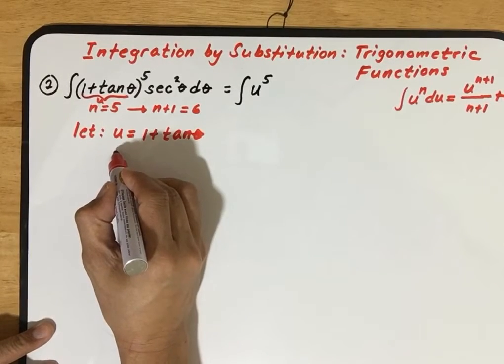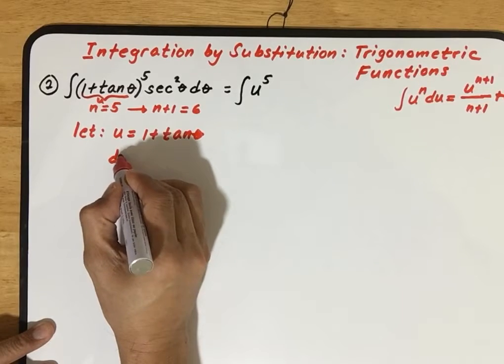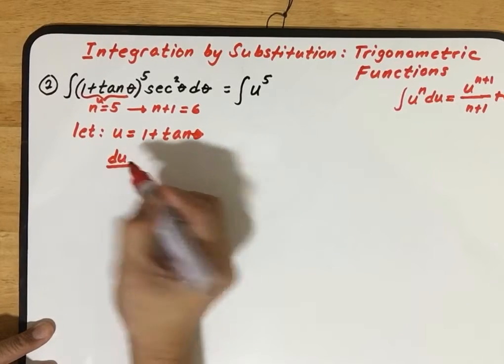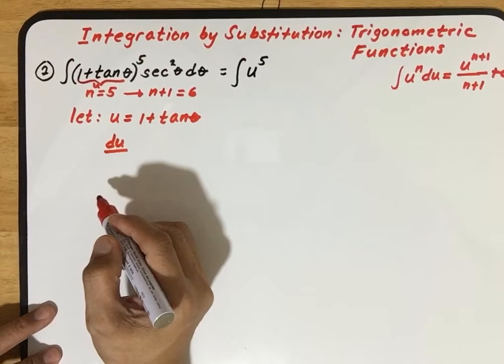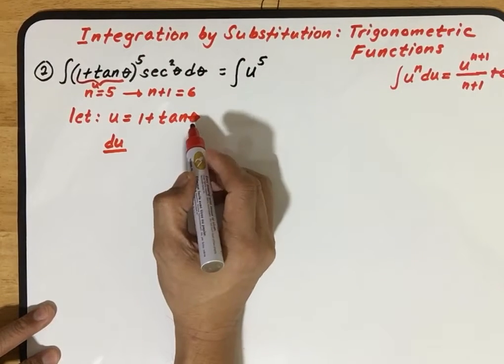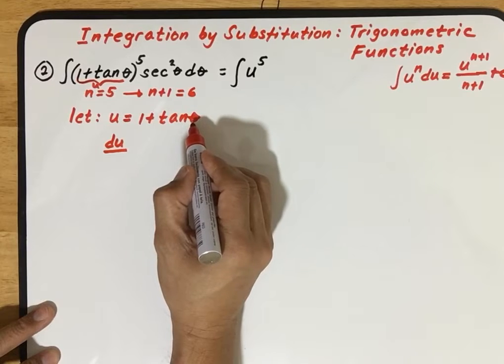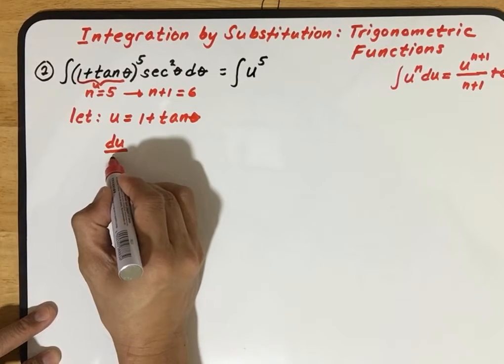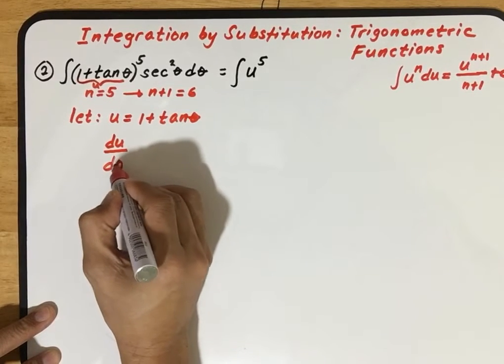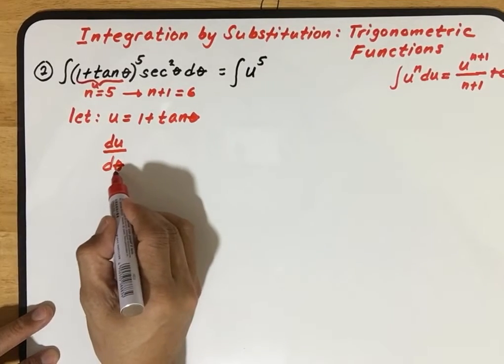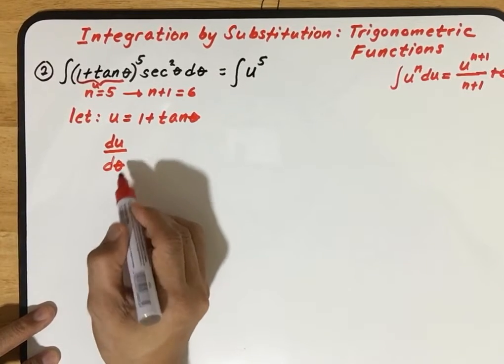So the derivative of u with respect to, this time class, it's no longer x, because our argument here is an angle, so we have to use d theta, because our variable here is the angle theta.